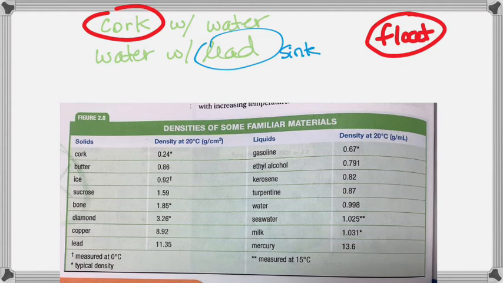The lead will sink because it is more dense. And now if you were to look at, let's say you had a drop of mercury with water, the mercury would also sink. So just be familiar with this. I know you'll see a couple questions here and there in class about this. Make sure you understand how to read this density chart. You do not memorize any of the values though.